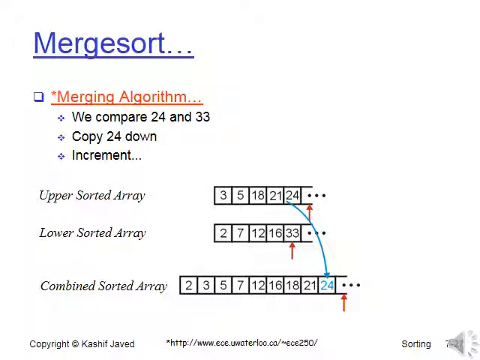Again, we compare numbers 24 from the upper sorted array and 33 from the lower sorted array. Since 24 is less than 33, we copy 24 down into the combined sorted array, at the same time incrementing the indices of the upper sorted array and combined sorted array.